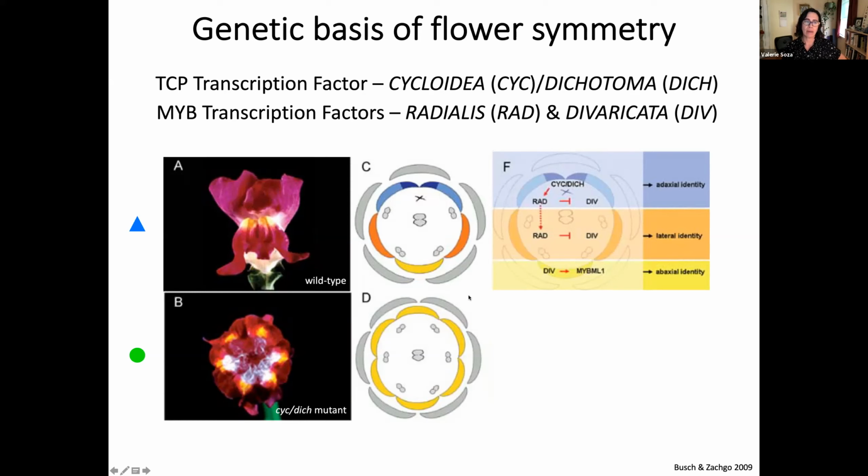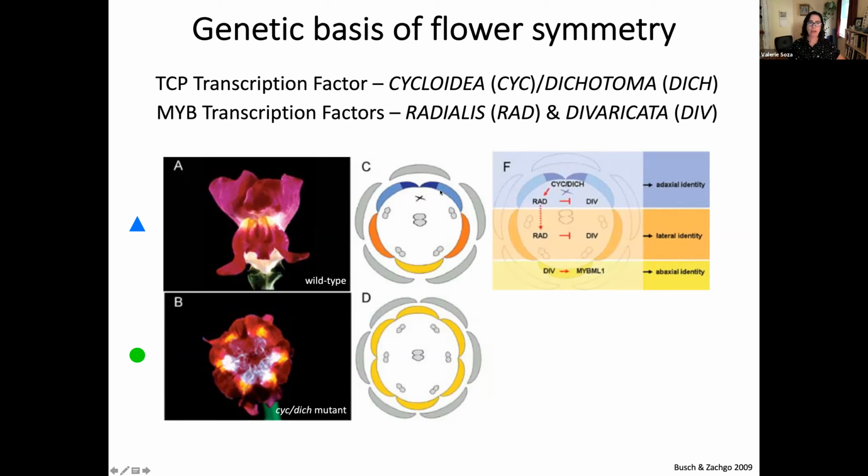And by knocking these genes down one at a time, what we've discovered is that there's one gene, cycloidea, which is duplicated in Antirrhinum. So there's actually another copy of it called dichotoma. These two genes are turned on in the upper part of the flower, in the two dorsal petals.